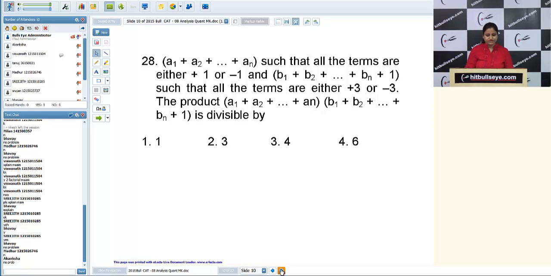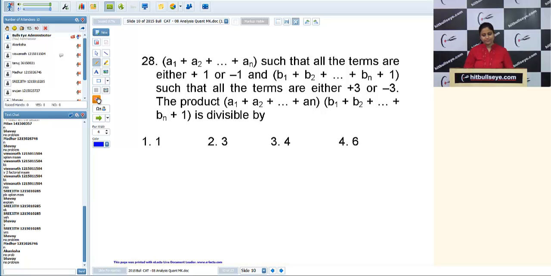Question number 28. Any problem? If you have a problem, please write and explain in the chat box.